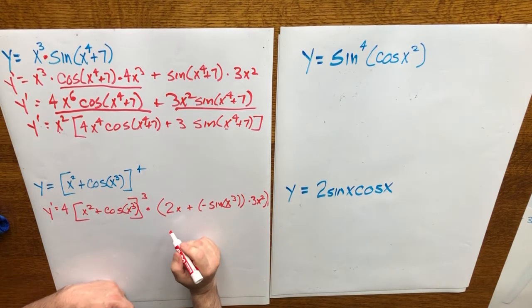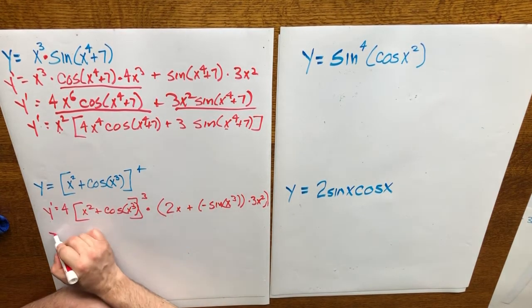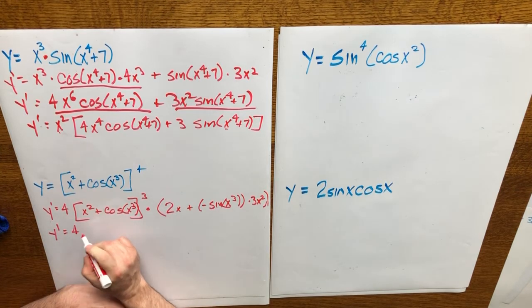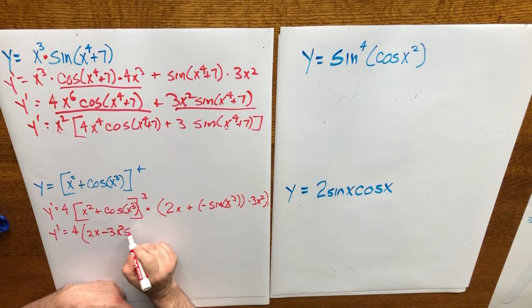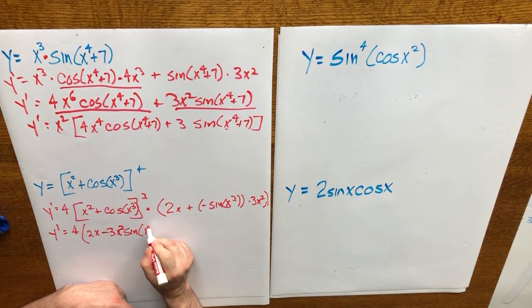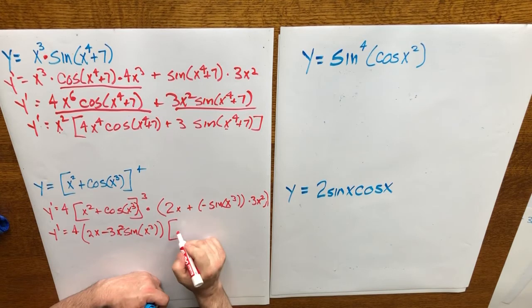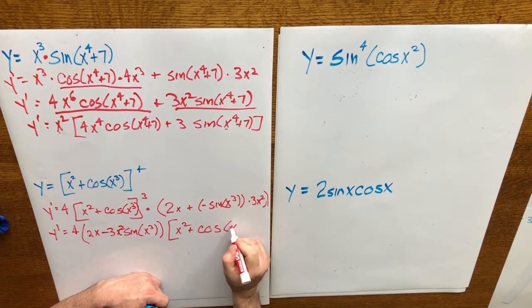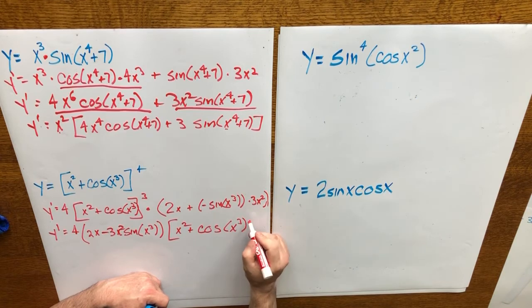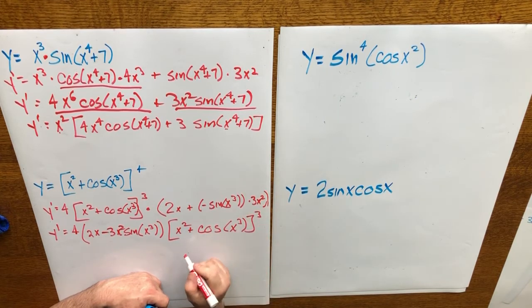So let's see if we can simplify that one a little bit. There's not tons to do. I see y prime equals 4, then I'll use the round brackets, 2x minus 3x squared sine of x cubed, and then we have [x squared plus cosine x cubed] all to the 3rd.